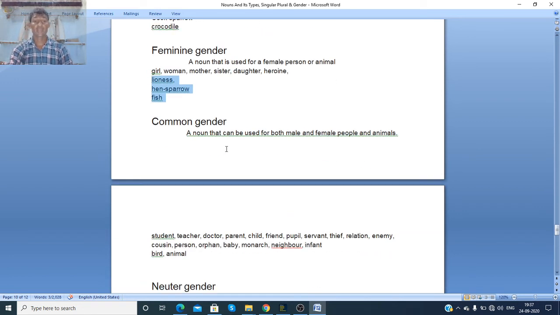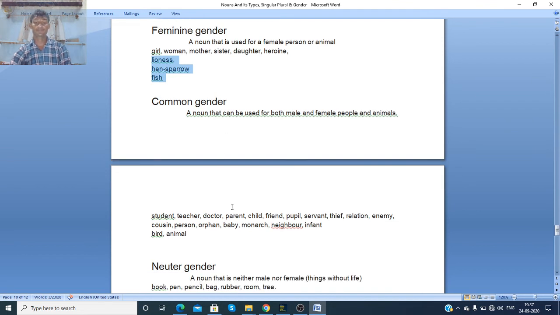And a common noun, a noun that can be used for both male and female people and animals, is called a common gender noun. These common gender nouns can be used for both male and female people.